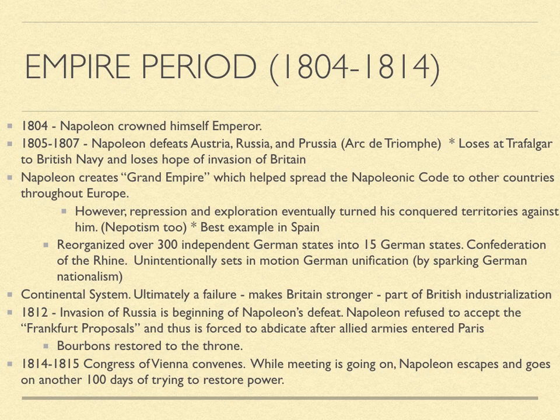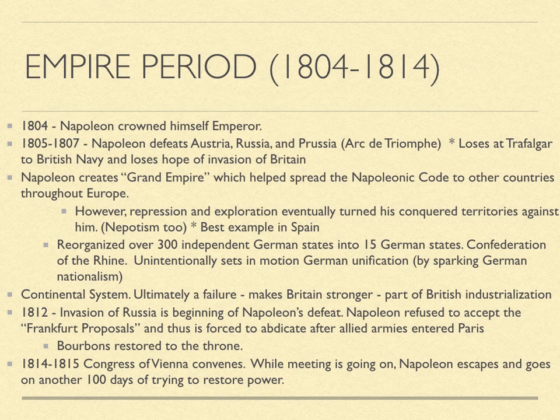And he largely does that. Now, at what cost, I guess you could ask. He creates this sort of grand empire, and he spreads the Napoleonic Code, which ultimately is a good thing.